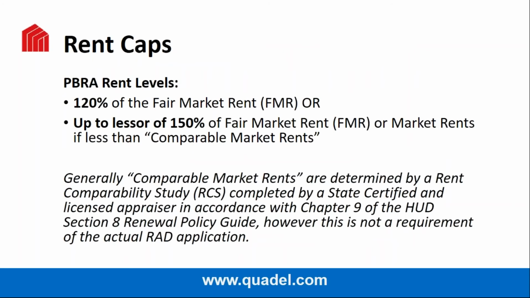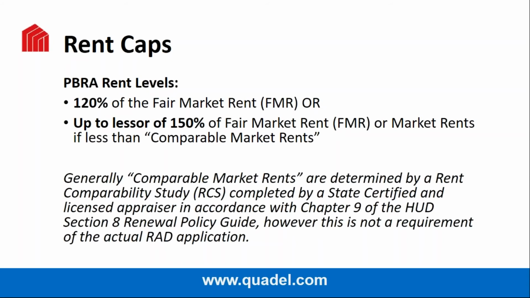Next, we'll talk about rent caps here. And here's a pretty good distinction between the PBV and the RAD-PBRA contracts. Under PBRA, the rent levels cannot exceed 120% of the fair market rent, or the FMR, unless the current rents are determined to be less than market in the project area, in which case they cannot exceed the lower of market, or 150% of FMR.